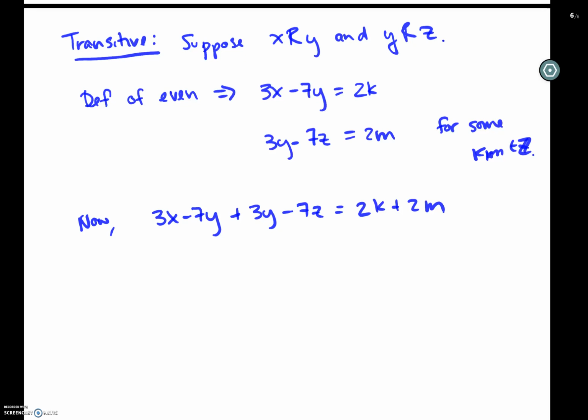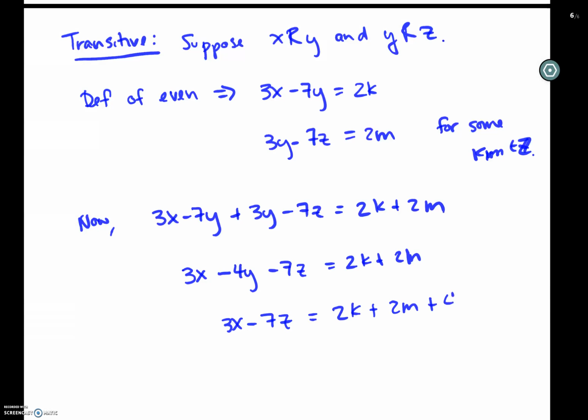And on the left, we get 3x minus 4y minus 7z equals 2k plus 2m, which leaves us with 3x minus 7z is equal to 2k plus 2m plus 4y.